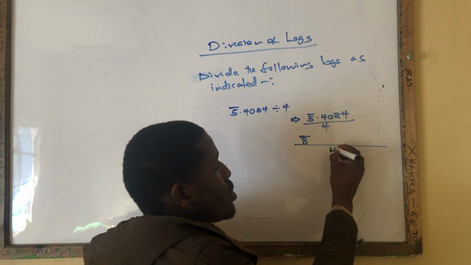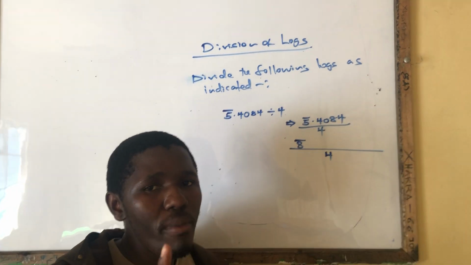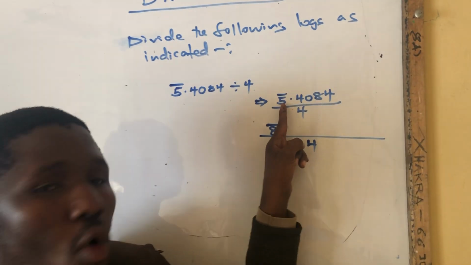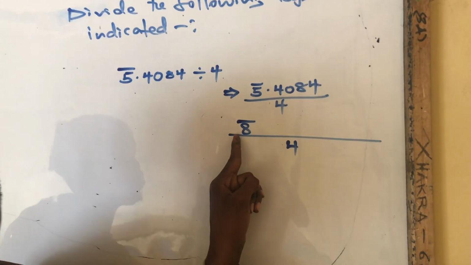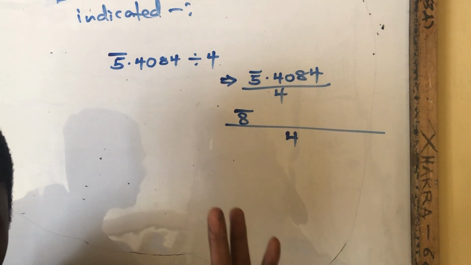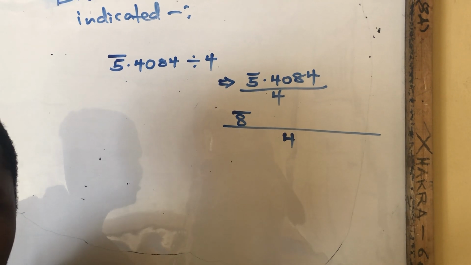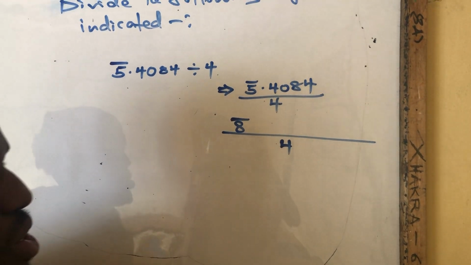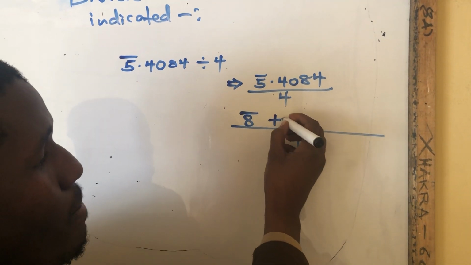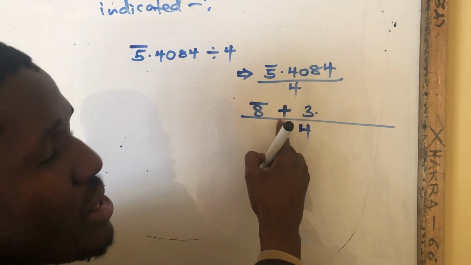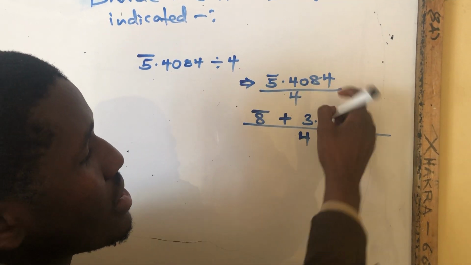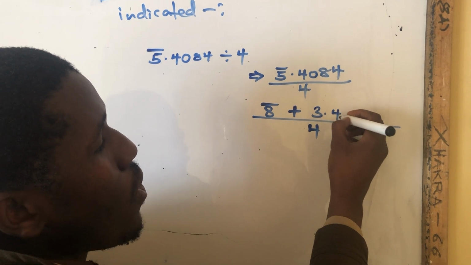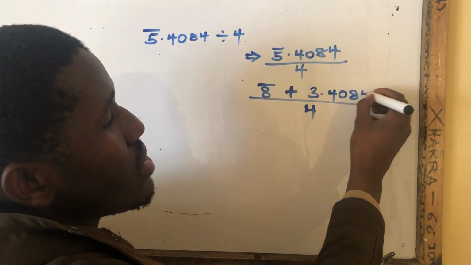Then ask yourself a question. How many times did we move from the old characteristic to this new characteristic? We moved thrice. From 5 to 8, we moved thrice. So that 3 will be written after the bar 8, after writing the positive sign, then follow this with the mantissa, which is 4, 0, 8, 4.